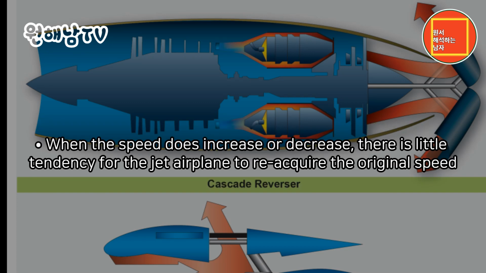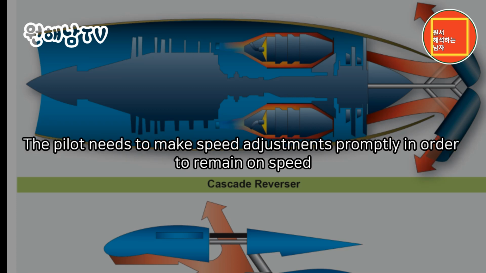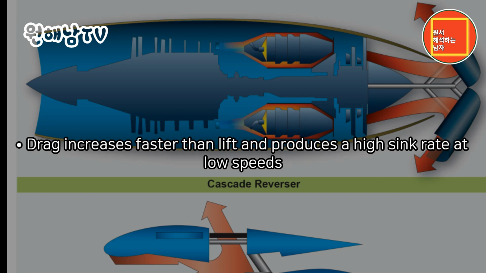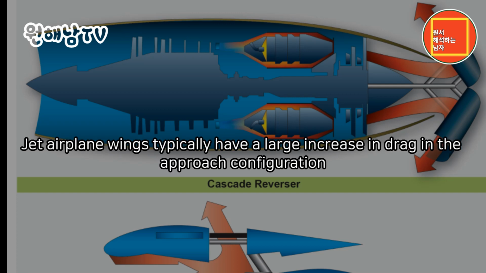When the speed does increase or decrease, there is little tendency for the jet airplane to reacquire the original speed. The pilot needs to make speed adjustments promptly in order to remain on speed. Drag increases faster than lift and produces a high sink rate at low speeds. Jet airplane wings typically have a large increase in drag in the approach configuration.